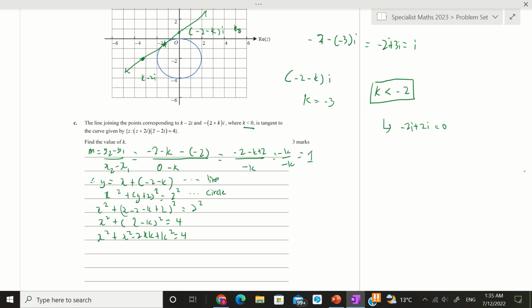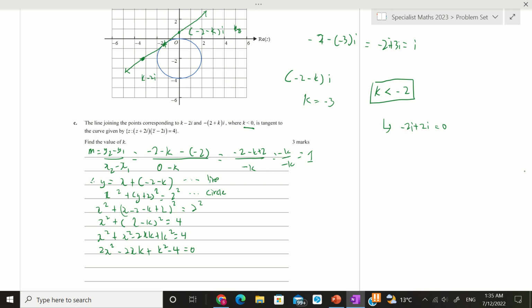And then, bringing everything to one side, I'm going to get 2x squared minus 2xk plus k squared minus 4, right? So when I substituted one into the other, I've come out with this quadratic equation.